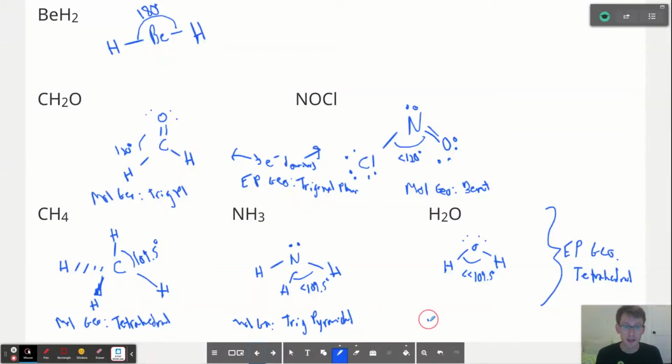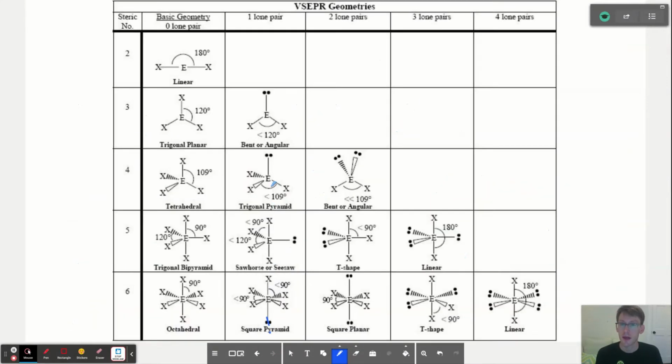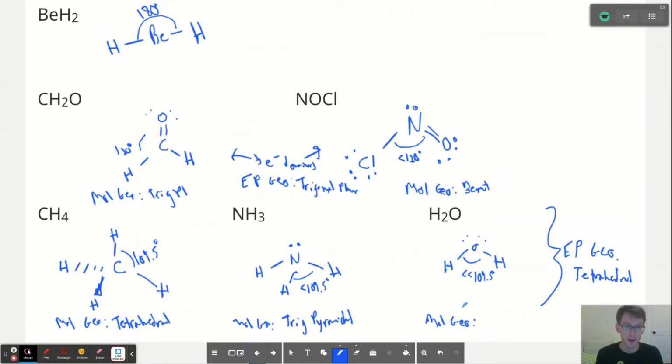And in the case of H2O, we have 2 atoms to which the oxygen is bonded, the hydrogens, and then 2 lone pairs. So it's 2 and 2. And we go to steric number of 4 with 2 lone pairs. This is also considered bent or angular, but the angle is 109 degrees, or just a little bit less than that. So this is bent.